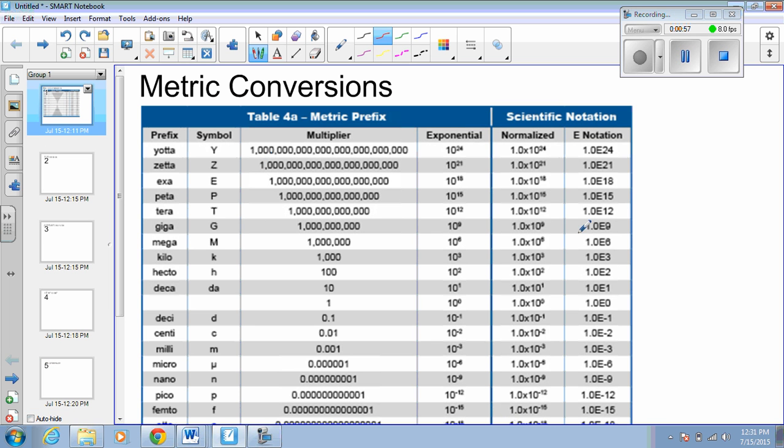So one thing you need to familiarize yourself with is the prefix and what it means, or what the multiplier is, or what its exponential value is. So let's take, for example, kilo. Kilo stands for 1,000, or 10 to the third. So what's a kilogram?